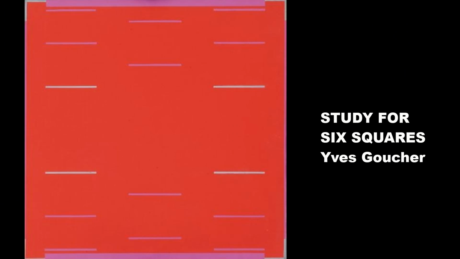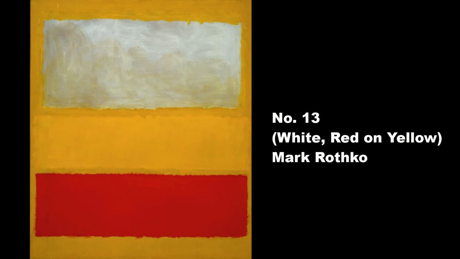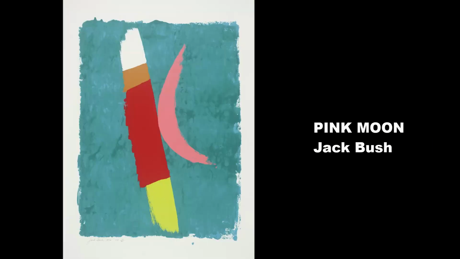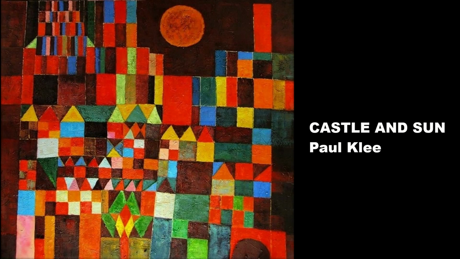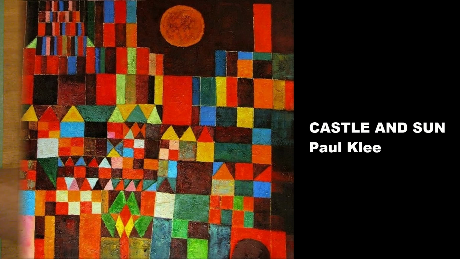Sometimes artists are more interested in exploring color and line than in making representational art of things like people, houses, or animals. Sometimes artists use images we recognize, but abstract them to give them new meaning. So now that we've seen some examples to inspire us, let's go and make some art.